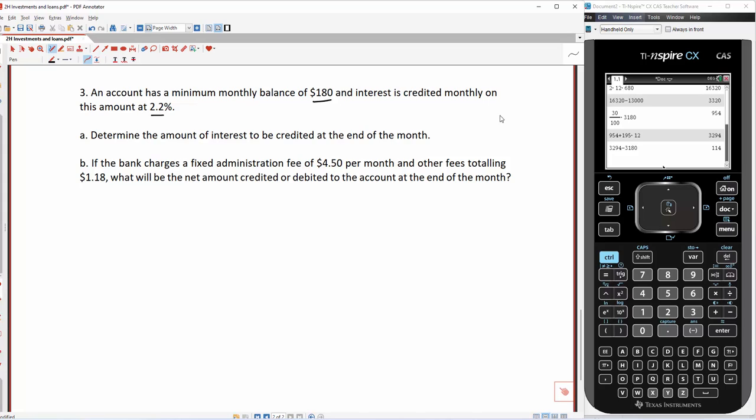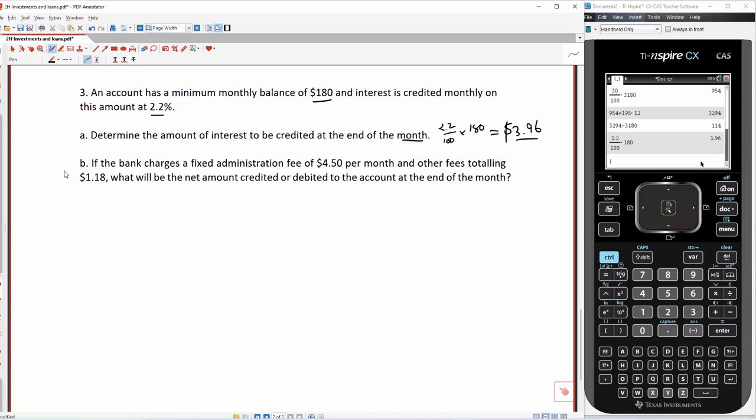That's the interest that the bank's giving you. So it's 2.2 over 100 times 180, and that is $3.96. So that's very generous of the bank. They're giving us almost $4 at the end of the month.